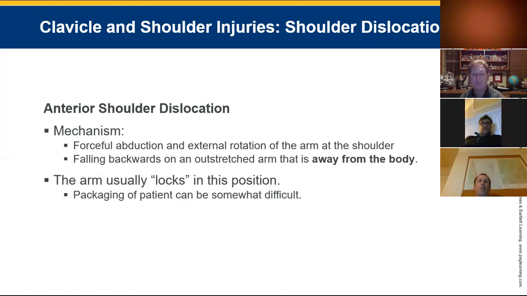This can present with some difficulties. Usually you can manage it by just putting it in a sling and swathe, bringing it close to the body in the position that they're guarding it in, but sometimes it'll get locked out. And again, this is where you've got to get creative, where you're going to have to build a splint in this area.